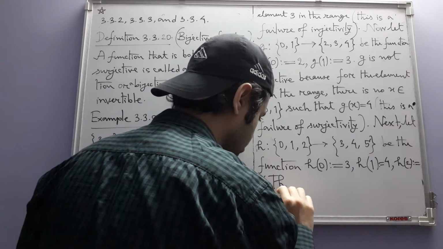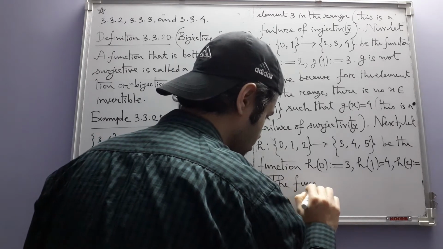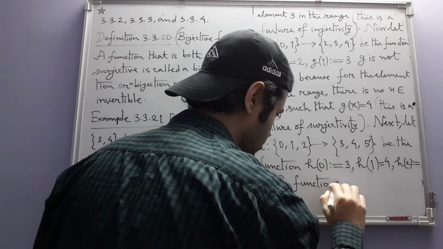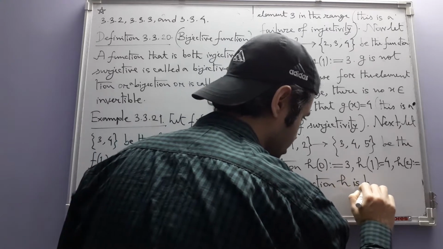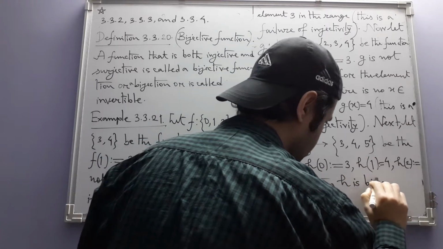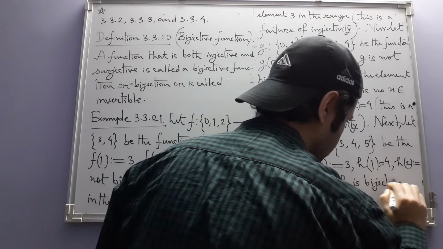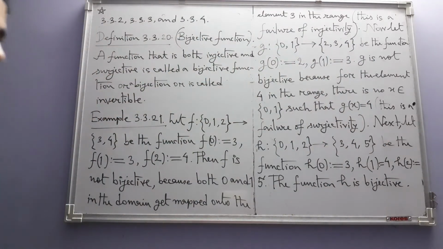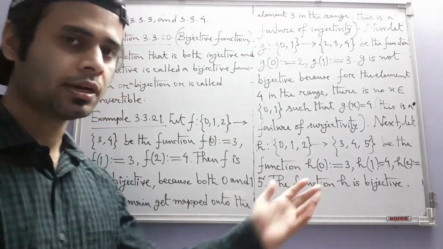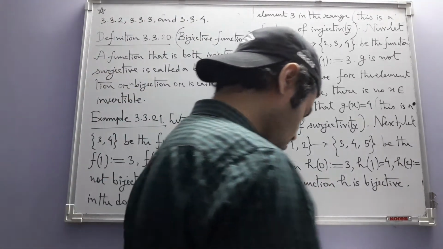The function h is bijective. H is bijective because it's both injective and surjective. This can be easily seen.